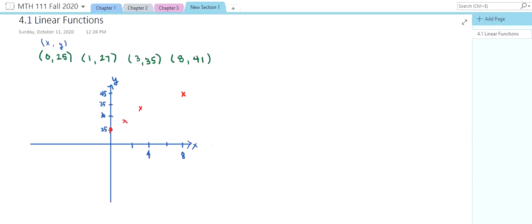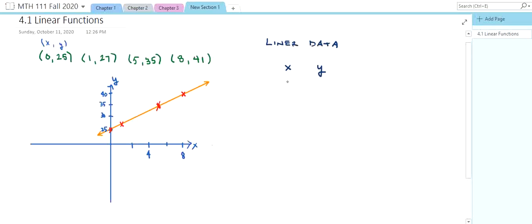And all of these points essentially fall on a line, just like this. So we can say, since all these points fall on a line, that this is linear data.